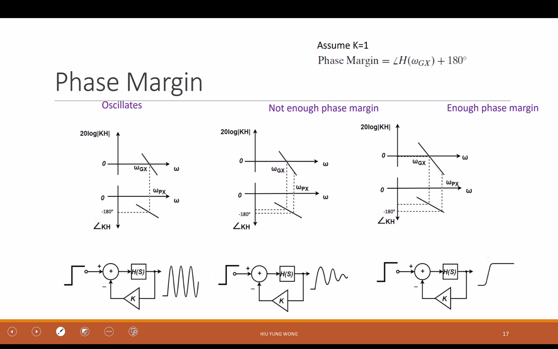But say I move it a little bit smaller so that it is less than the phase crossover frequency. Theoretically, it does not oscillate forever. But if you apply a step pulse to it, it still oscillates. This is called ringing. Ringing is a big problem, particularly for power electronics, because this ringing means that you are bringing the voltage higher than VDD. You are going to break your device.